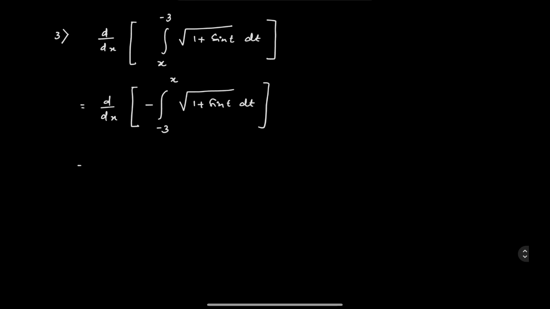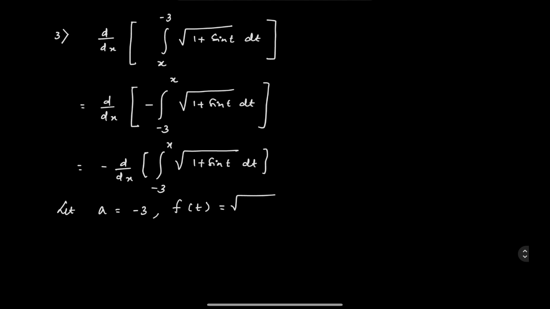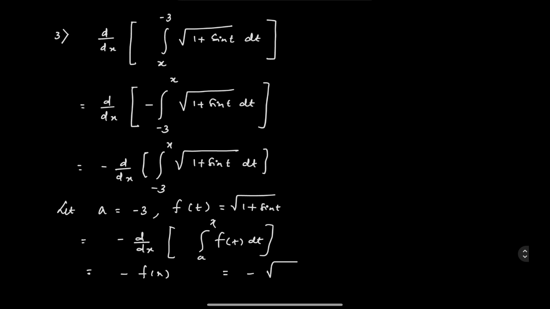This negative sign I can take out. Now let a equal negative 3 and f(t) equal root over 1 plus sine t. So this will be negative d by dx of the integral from a to x of f(t) dt, which is equal to negative f(x). Since f(t) is root over 1 plus sine t, this will be negative root over 1 plus sine x.